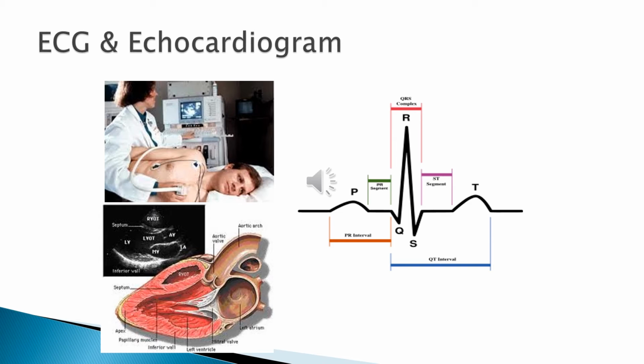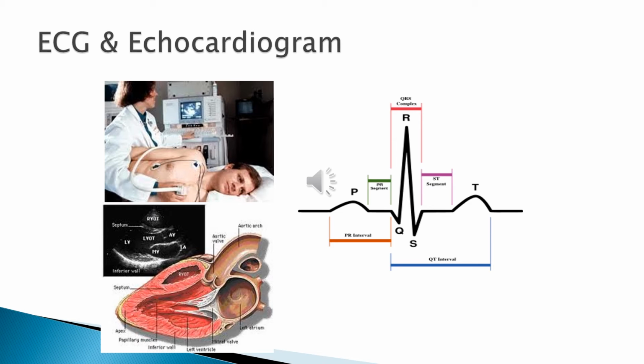If you see there, you notice the letters P, Q, R, S, T, and those different areas represent different functions of the heart. That's pretty much what an ideal ECG would look like. Let's go through some of the parts. The P wave is atrial depolarization.